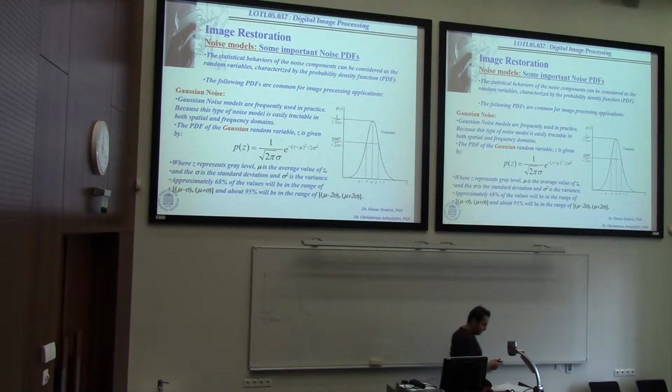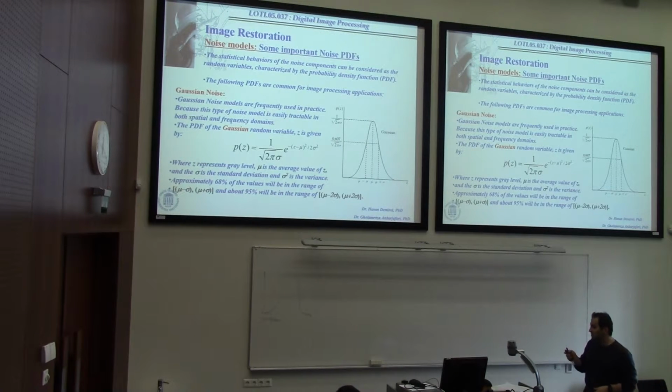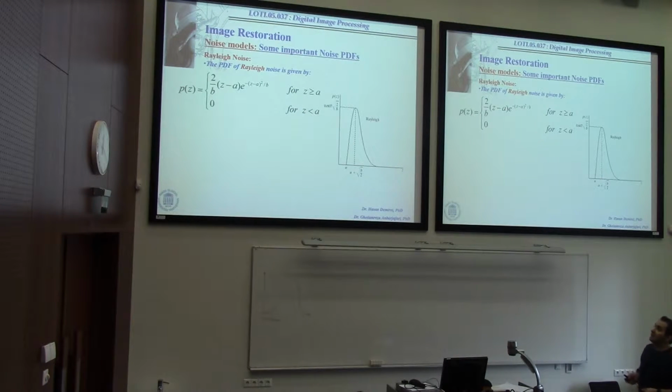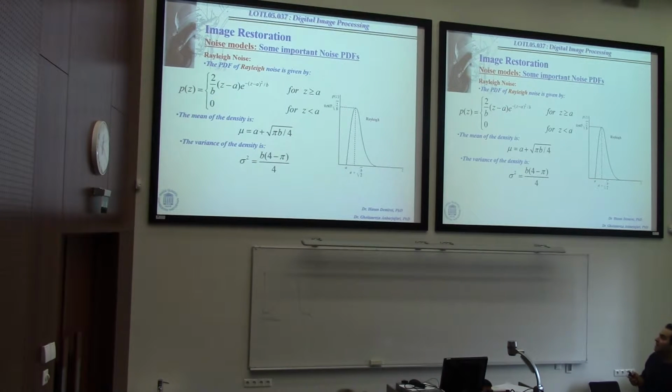Next noise function that we want to talk about is Rayleigh noise. This is the function that you can find this noise in your image, and also you can easily find the mean, that we call mu, and variance of the noise by this equation.